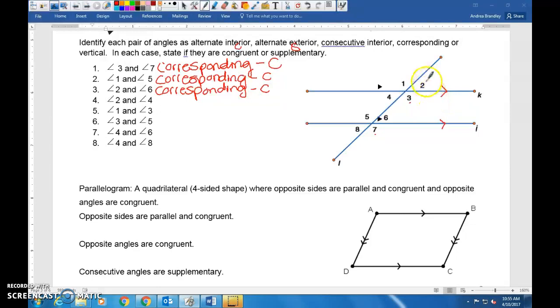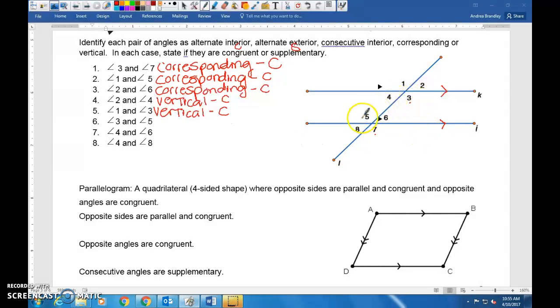Angle 2 and 4, again, one's on the outside, one's on the inside, but this time they're not in the same place. They're opposite each other. So these are called vertical angles, and vertical angles are congruent. And then angle 1 and 3 are also vertical angles that are congruent.